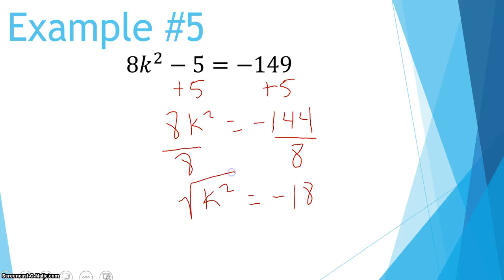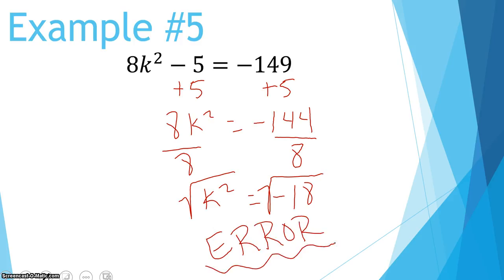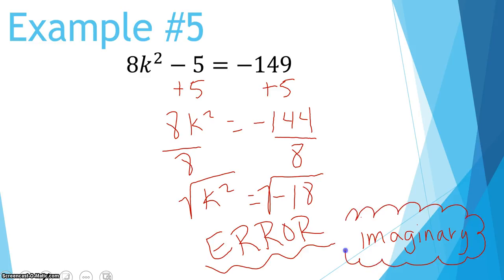Take the square root. If you put this into your calculator, you get an error. Your calculator will not take the square root of negative numbers. What you need to know is we're going to call these imaginary. So if you ever take the square root of a negative number, you need to write your solution imaginary.